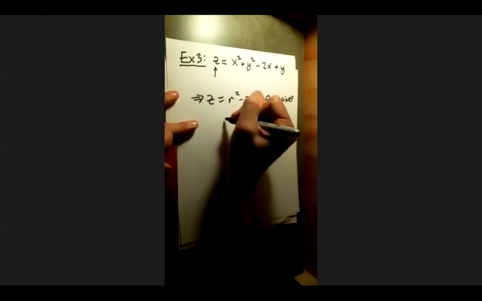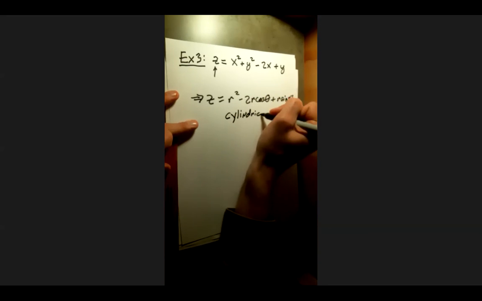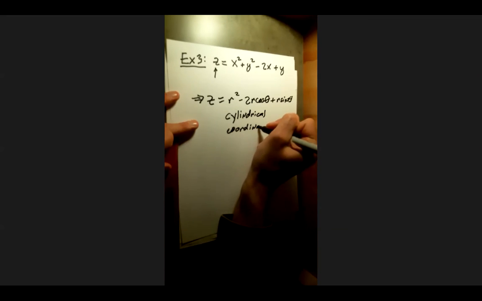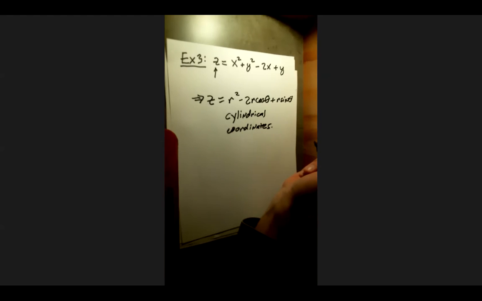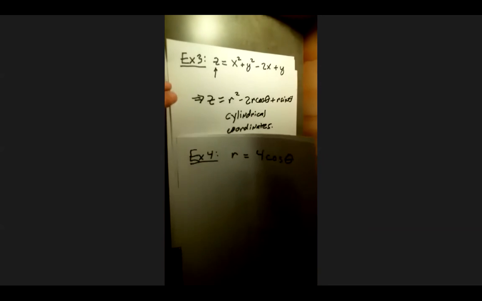Now we're in cylindrical coordinates, and we're done. Later on, we're going to use this type of thing when we want to set up integrals and we're converting between coordinate systems. But at this stage, all we're doing is manipulating the formulas. So converting from rectangular to cylindrical is not too shabby. Questions about that?